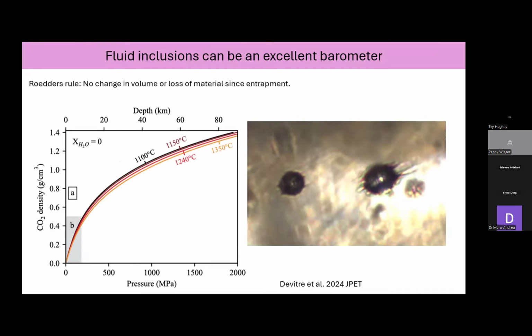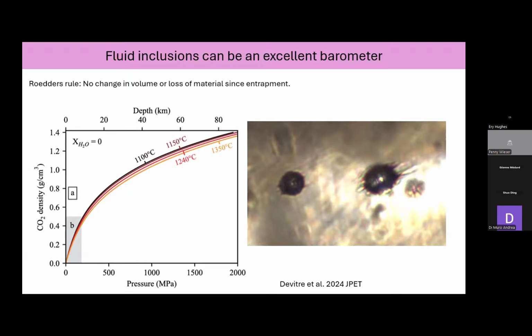So if we have a fixed mass of CO2 and a fixed volume, that means we have a fixed density. And then using an equation of state, if we know the temperature at which our fluid was trapped, and we know its density, we can calculate its pressure. So for example, if you measured a CO2 density of 0.4, you could estimate a temperature and read off that you're about 200 MPa. And you'll be doing some of these exercises yourself in about an hour.